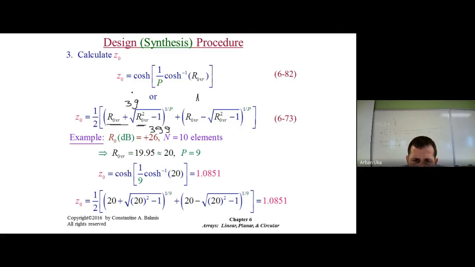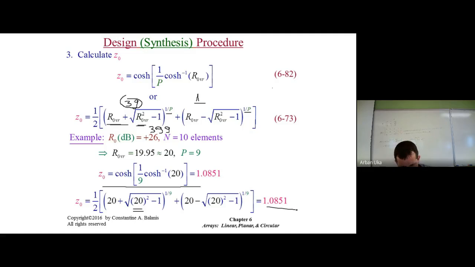So we have approximately 39 to the power 1 over P, plus 1 to the power 1 over P, and 1 over P is 1 over 9, okay? So then the Z0, this is what we obtained for Z0. So we just substitute these numbers here. This is what we get for the Z0.